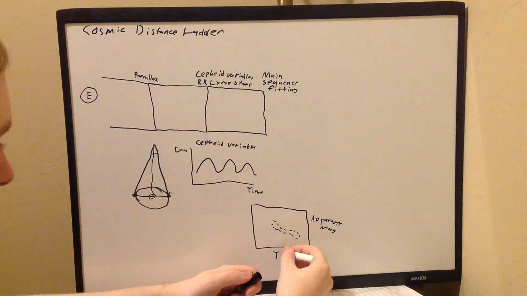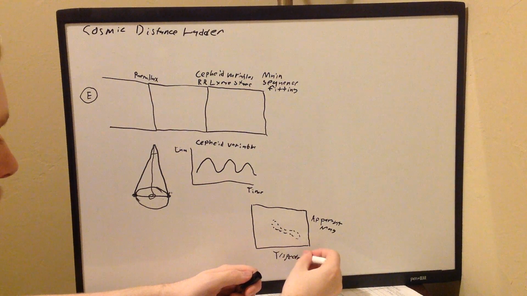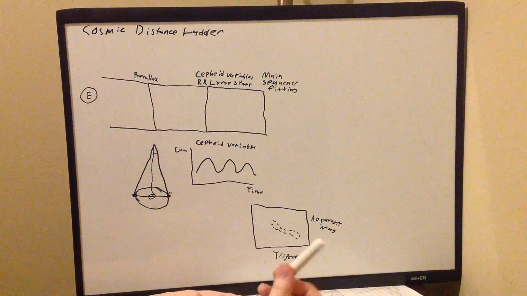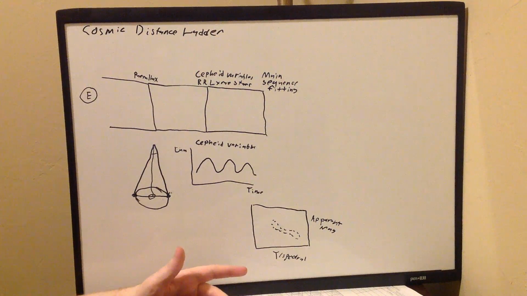And this is temperature or spectral type, however you want to do it. And we're going to see that they form a similar shape to what we would expect in a normal Hertzsprung-Russell diagram, because they're normal main sequence stars.